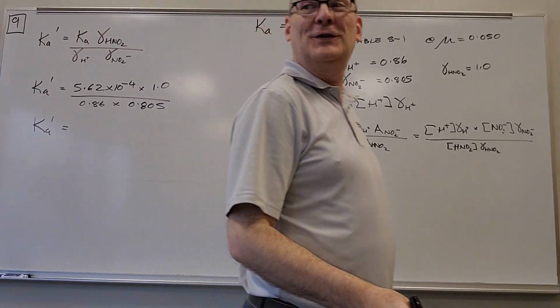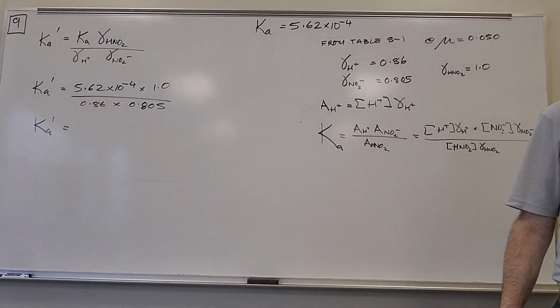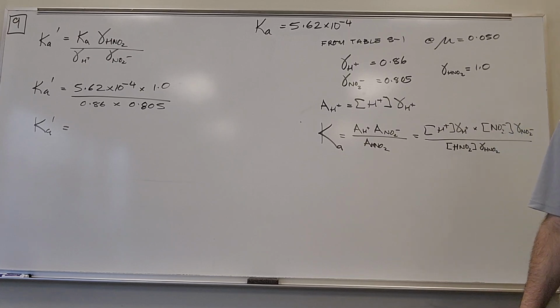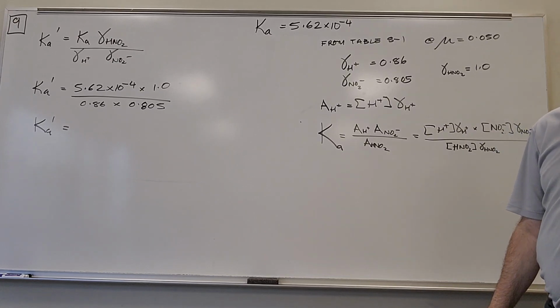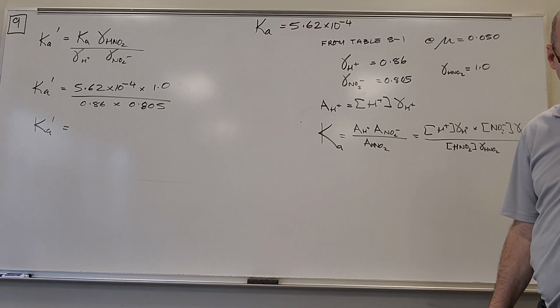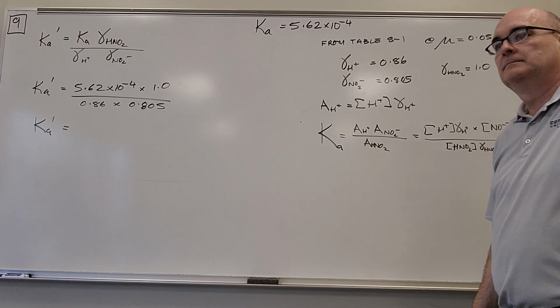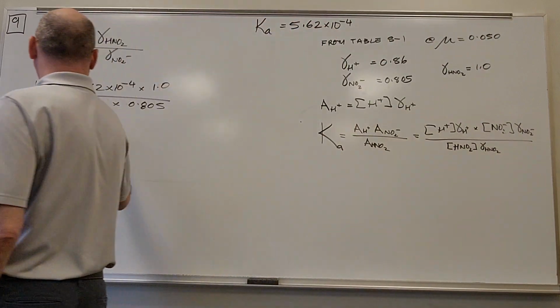This way we don't have to go through the whole thing. That would have been a headache; this is a little bit less work. What's our new number? I got 8.12 times 10 to the negative 4. I don't remember, but it's in the ballpark.